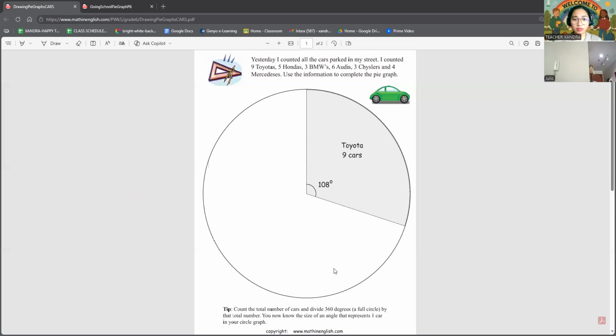Find the total numbers: 9 plus 5 plus 3 plus 6 plus 3 plus 4.